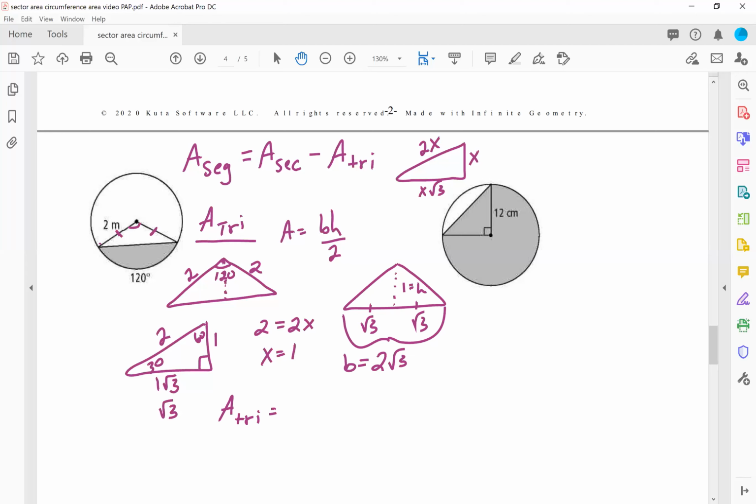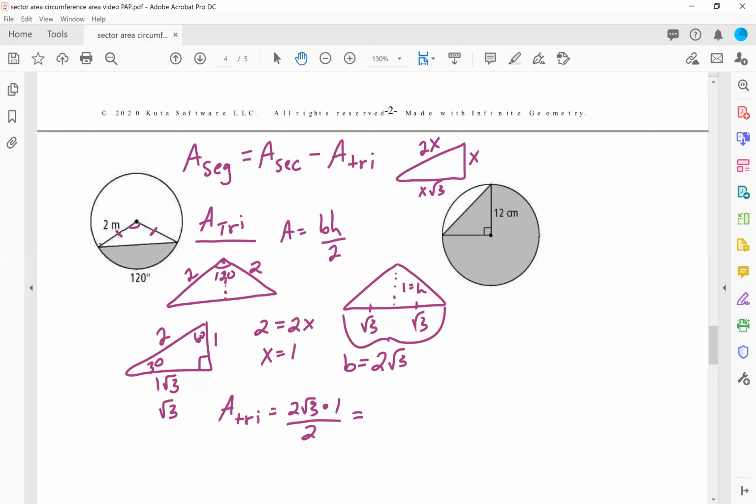Okay, so now the area of the triangle, it's the base, so 2 square root 3 times the height, which is 1, divided by 2. Okay, now on these ones, the problem is going to specify whether you're either going to have to get the exact answer or you're going to have to get a decimal. So I'm going to leave this as exact for right now, and at the end I'm going to turn it into a decimal.